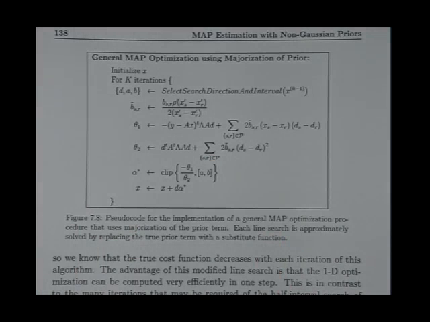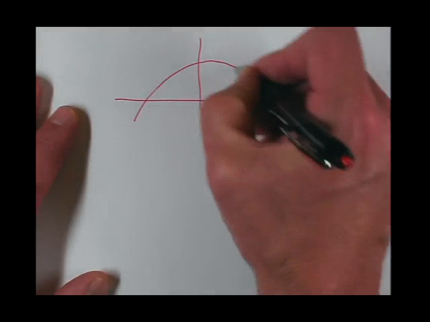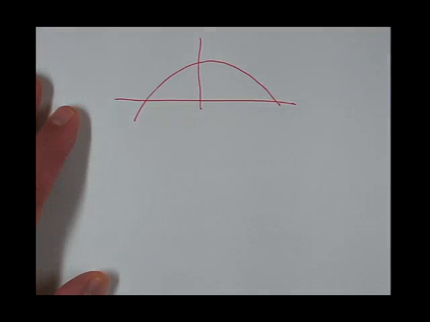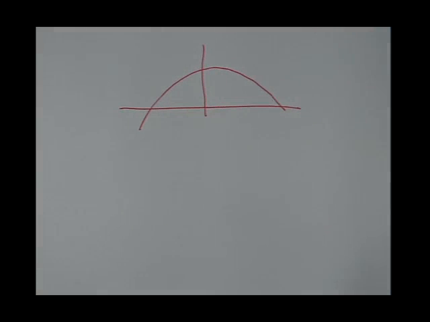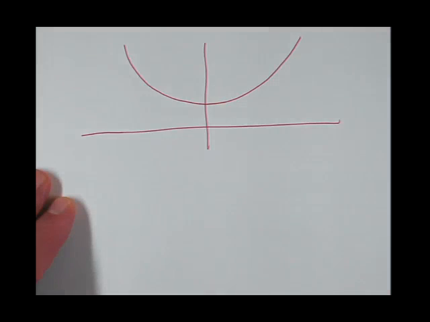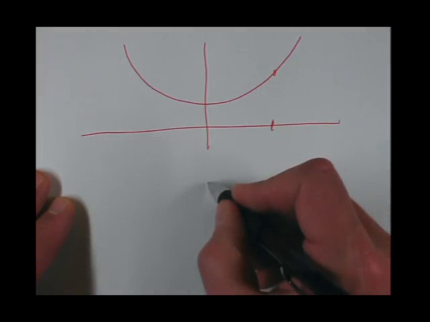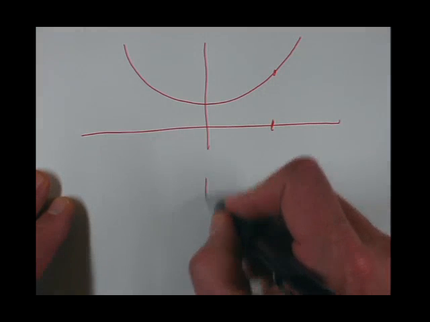Let me draw that picture. That was the picture I drew yesterday. So you have some function like that, and you're doing, oh no, I'm doing it wrong. Never mind. So we're doing minimization, right? So you have a function like this, and let's say you're here, okay? So the derivative is positive.